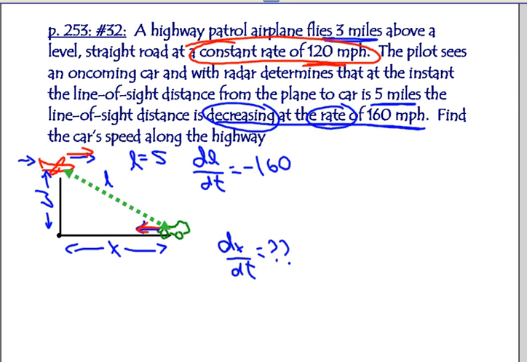So we need an equation that relates x and L and 3. And again, this is probably our 11th homework problem, so no big surprise. How about the Pythagorean theorem? We'll go x squared plus 3 squared equals L squared. We will take the derivative with respect to time.